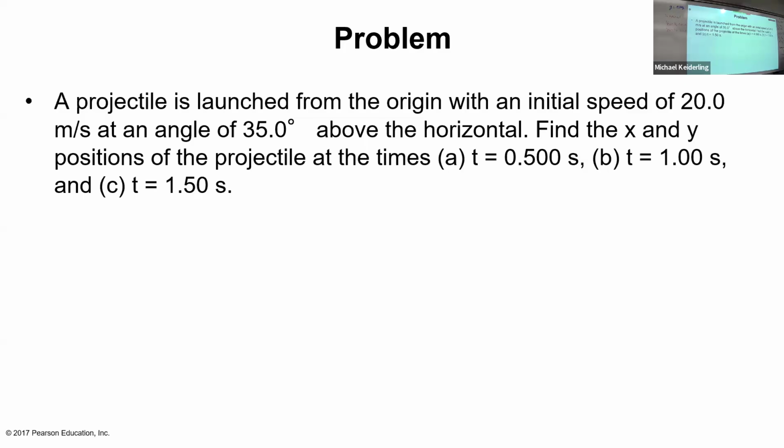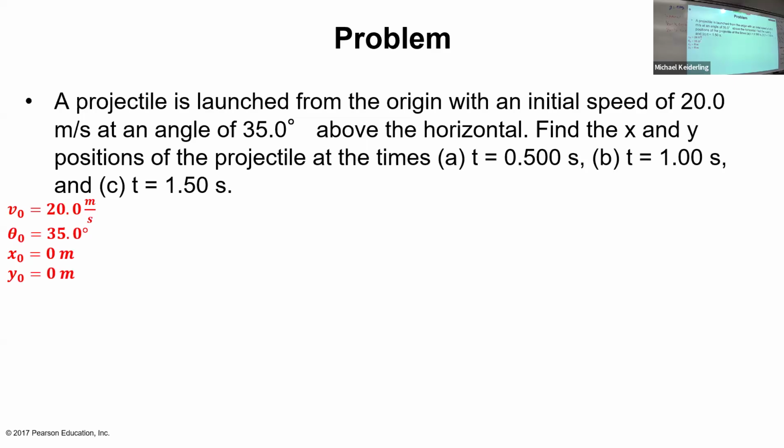So this is again a series of fairly straightforward plug into the formula processes with unknown speed and angle. So our initial velocity is 20 meters per second. Our initial angle is 35 degrees above the horizontal. Our initial position in the x direction is 0.